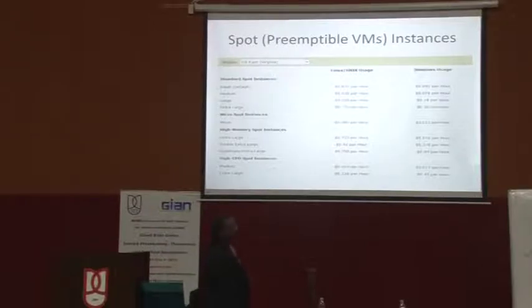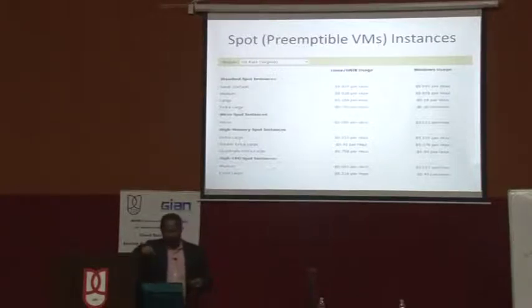This is another one, which is actually now getting a lot of attention. Spot instances, Amazon calls it. All major cloud service providers provide you with this. Google calls it preemptible virtual machines. Okay, so these are the prices.